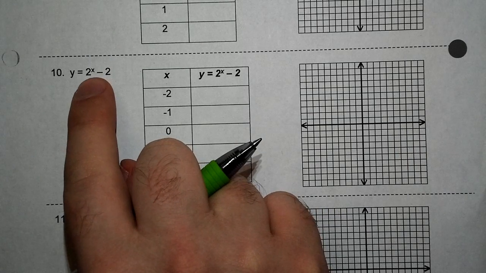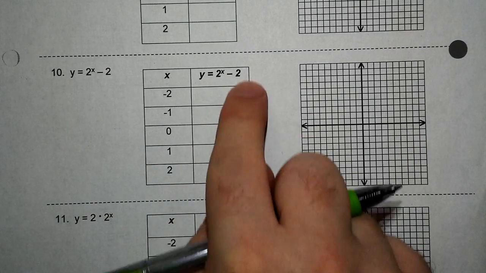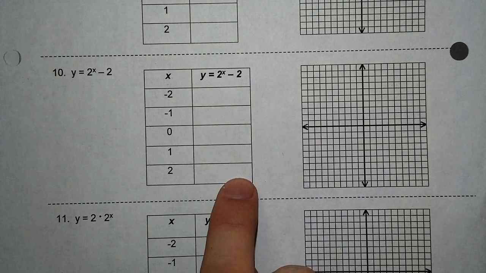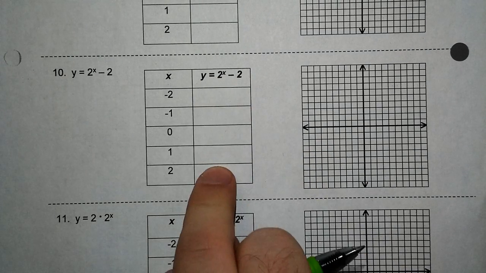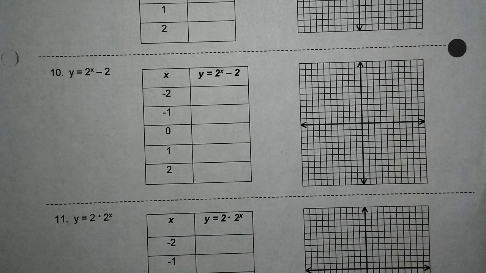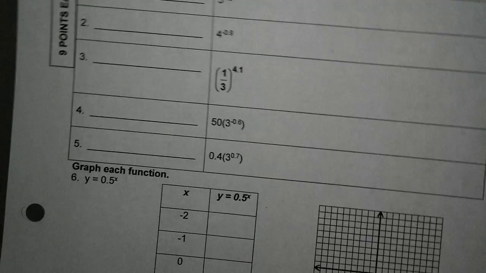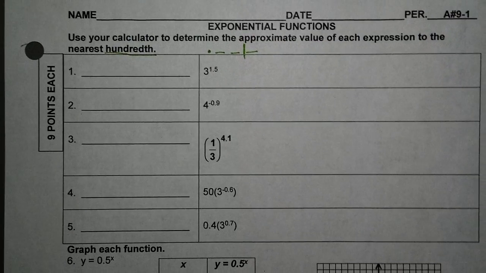So type in the exponent correctly on your calculator, get the calculation here. I recommend using fractions, but if you use decimal approximations, I'll write both on my key, so I'll give you credit for either one. And then graph the points over here, make sure the points make sense each time. All right, good luck on your assignment.